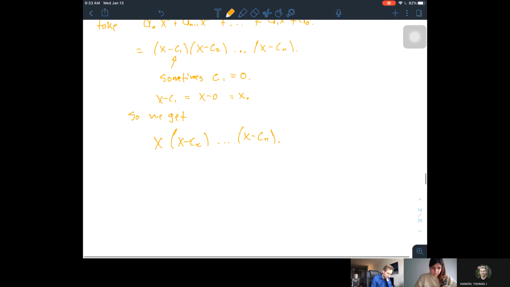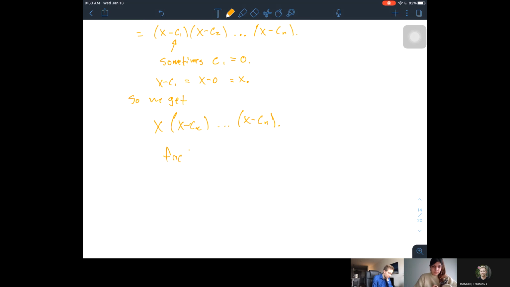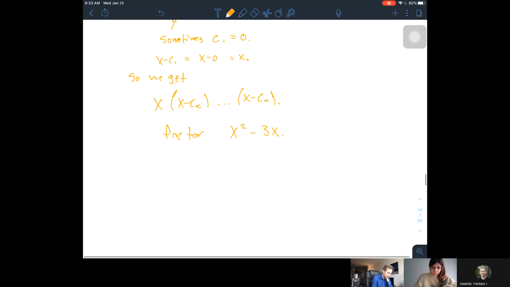Okay, so let's have an example. If we factor x squared minus 3x, what we can do is recognize that this is equal to x times x minus 3.